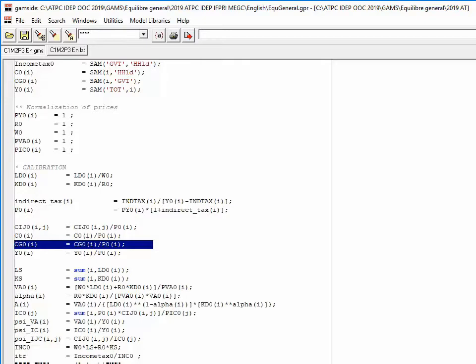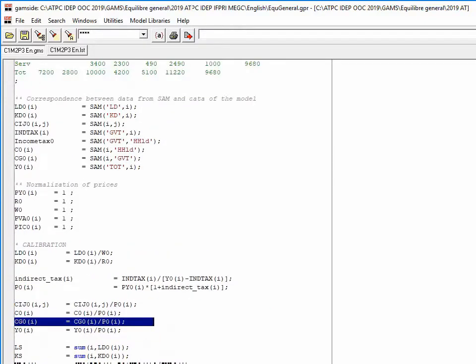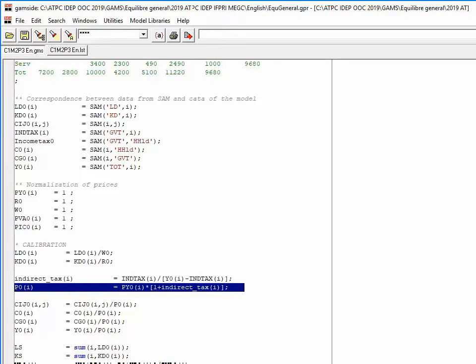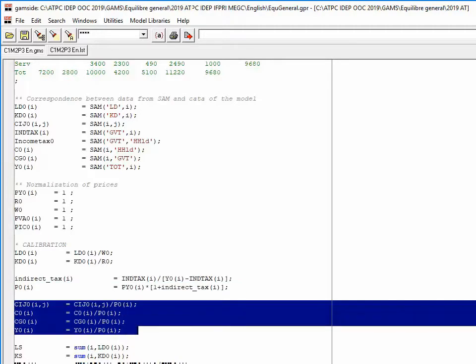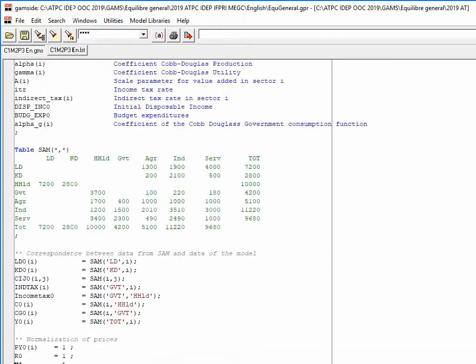So you must be very careful here, because in fact you have a normalization of production price at 1, and then it means that consumer price is greater than 1 because of indirect taxation, and so you have to readjust the volume of consumption such that the value of consumption is equal to the value given by the social accounting matrix.